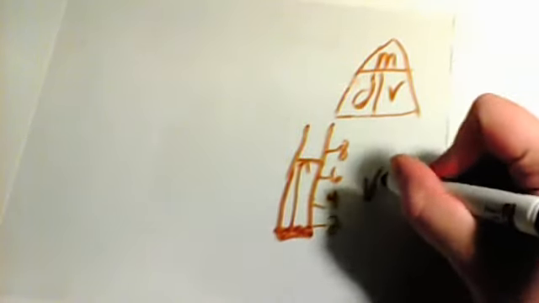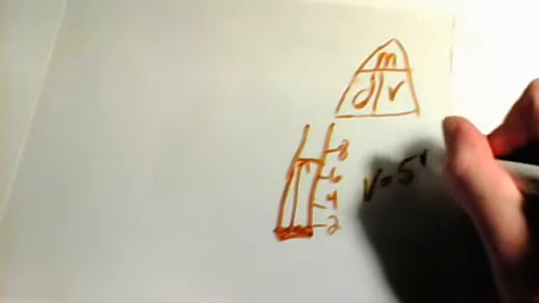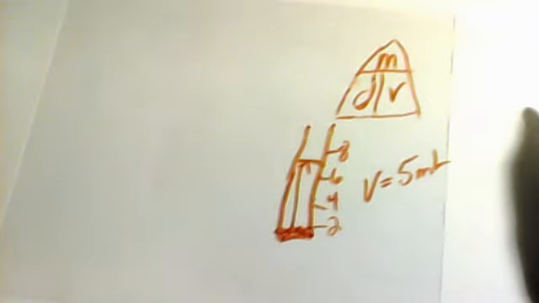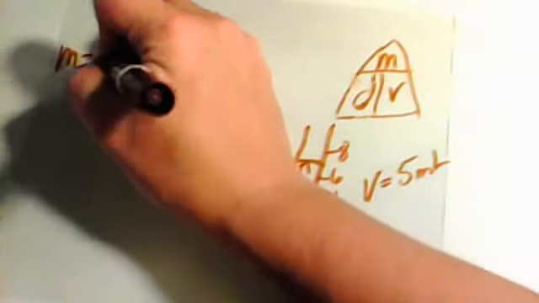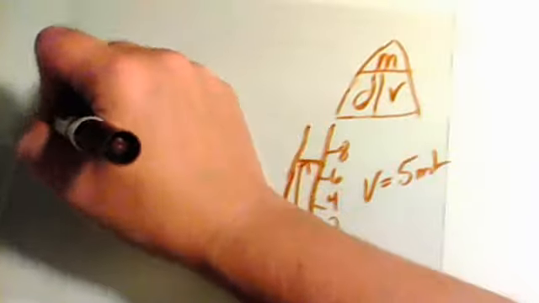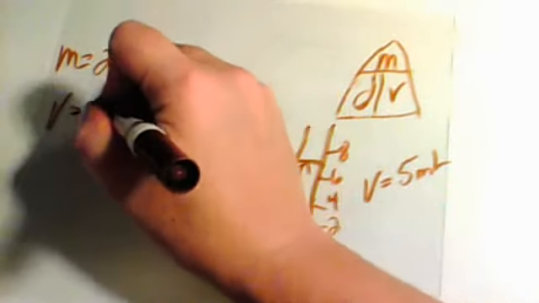So I know my volume is equal to 5 milliliters, and that is the volume of my stone. And then the question goes on to say, if the mass of the stone was 25 grams, what is the density? So if the mass was 25 grams, we have mass is equal to 25 grams. Volume is equal to 5 milliliters.